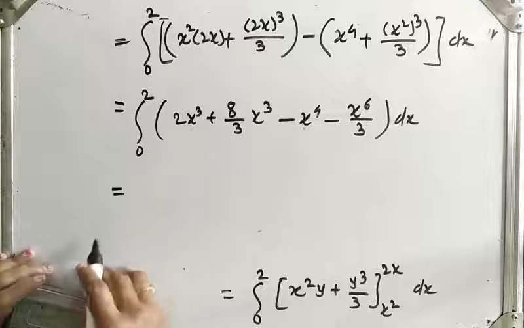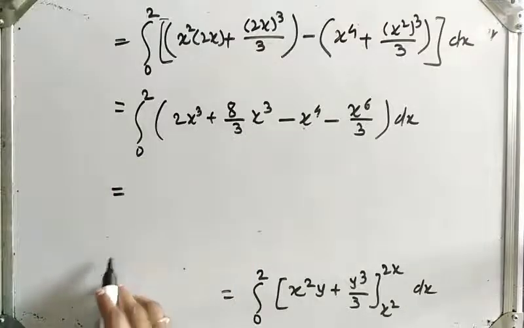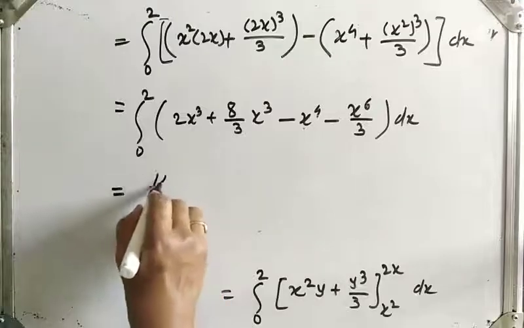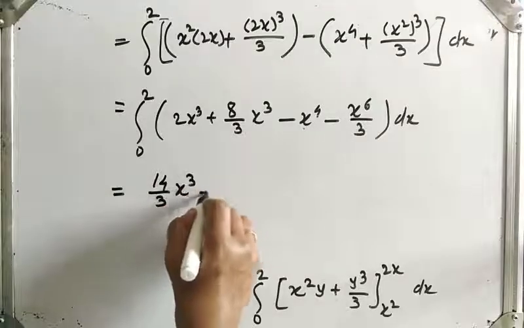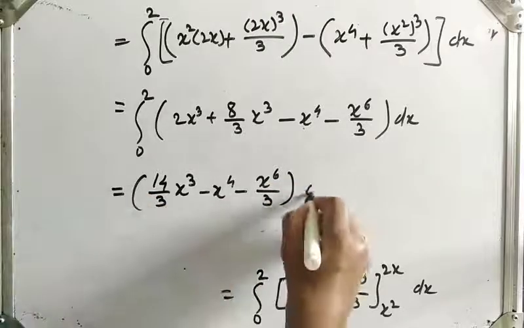Here 2 plus 8 upon 3 will be 14 upon 3 x cube minus x raised to 4 minus x raised to 6 upon 3, dx.